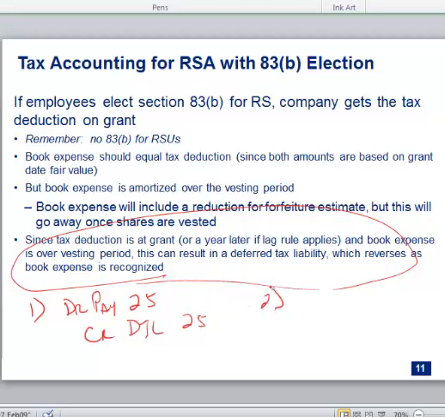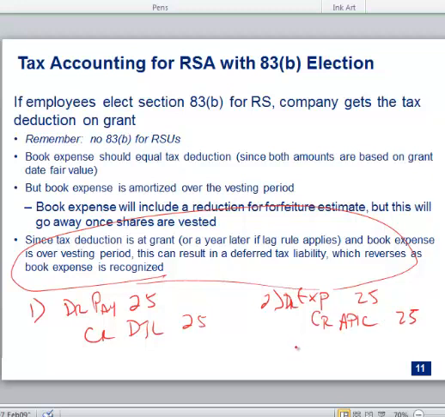Okay. Day 2, books is going to expense 25. Let's just assume it's a 100% tax rate. Books is going to expense 25 as comp expense, and that's their debit. Their credit will be equity, so that's the pre-tax entry.